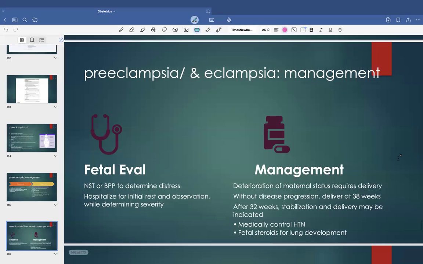The patient may need to be hospitalized for initial rest and observation while determining severity. Management, without disease progression, deliver those moms at 37 weeks. At 34 weeks, stabilize and deliver if indicated. You want to medically control the hypertension. Do fetal steroids for lung development, especially if it's before 34 weeks.